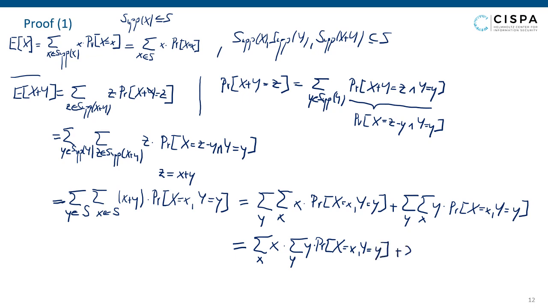And here we have the sum over all y, y times the sum over all x of the probability X equals x and Y equals y.